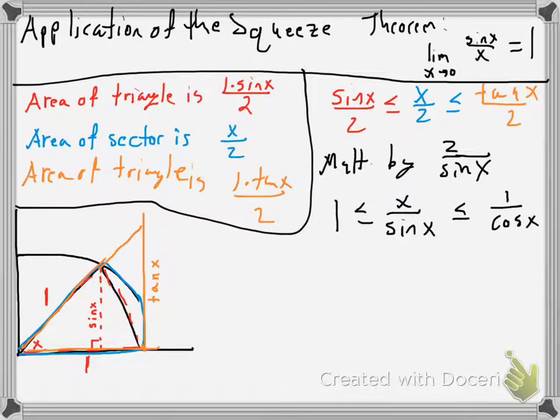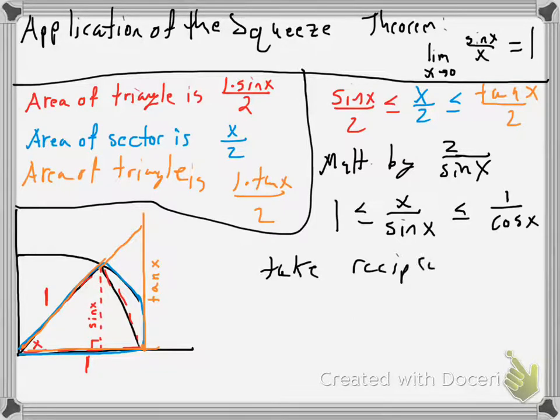Again, since x is positive, these are all positive. Of course, they're greater than 1 also. So if I have 1 is less than 3, which is less than 5, if I take the reciprocals, the 5 will change into a 1/5, and that'll be the smallest. The 3 will change into 1/3, and that'll be in the middle, and the reciprocal of 1 is just 1. So this is going to reverse the order.